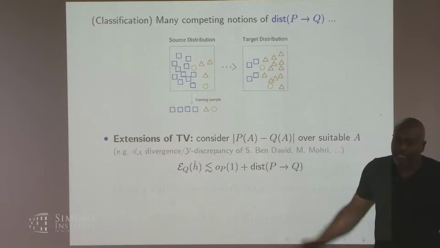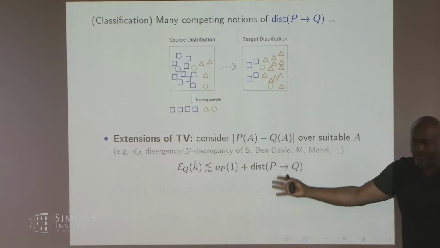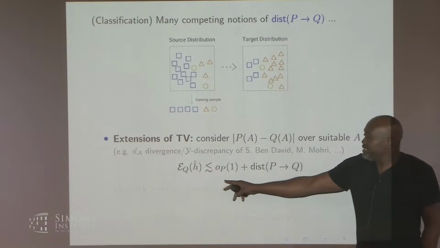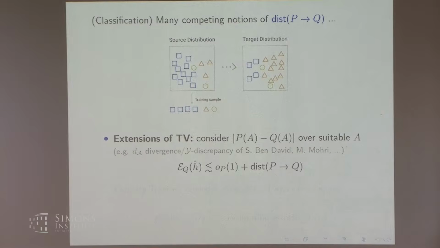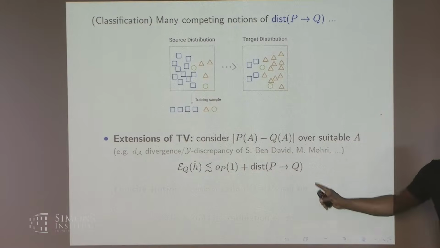So that's mostly just a quick summary of this type of work. And the type of excess risk bound they obtain is of this additive form. So essentially, part of the rate goes to 0, and then plus this additive term, the distance between P and Q.